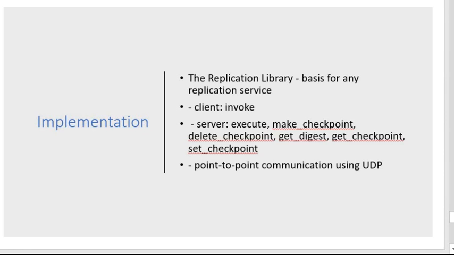If there are any software problems, it stops the process and checks everything, and after checking it makes sure that everything is correct, and then it sends back the reply to the client. And it is all done through point-to-point communication using UDP, a unidirectional protocol.